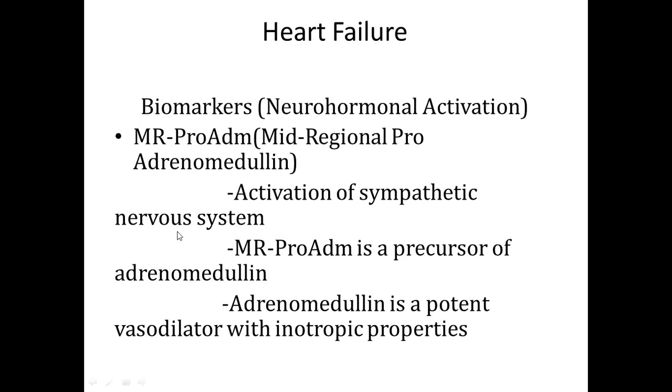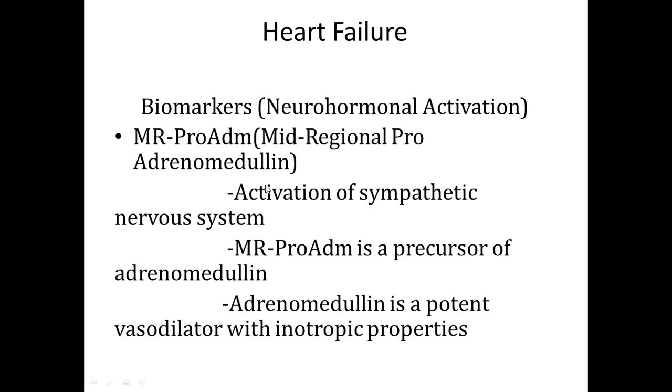When you have activation of the sympathetic nervous system, you produce this mid-regional pro-ADM, which is a precursor of adrenomedullin. And adrenomedullin is a potent vasodilator and has inotropic properties as well. So this is produced in response to the heart failure because it's just trying to help. It's trying to help, but over a long term, it's going to destroy the heart.